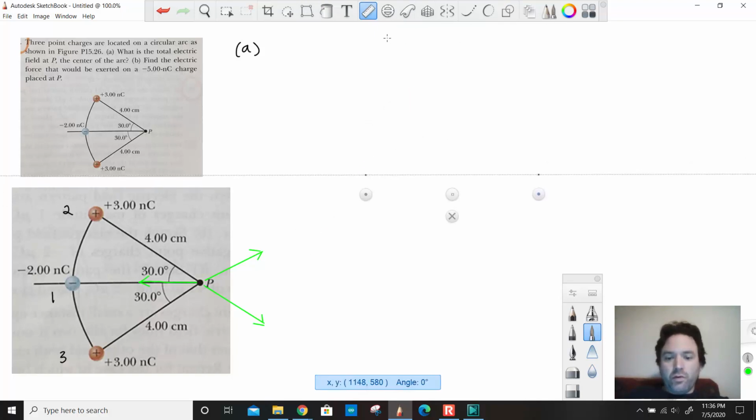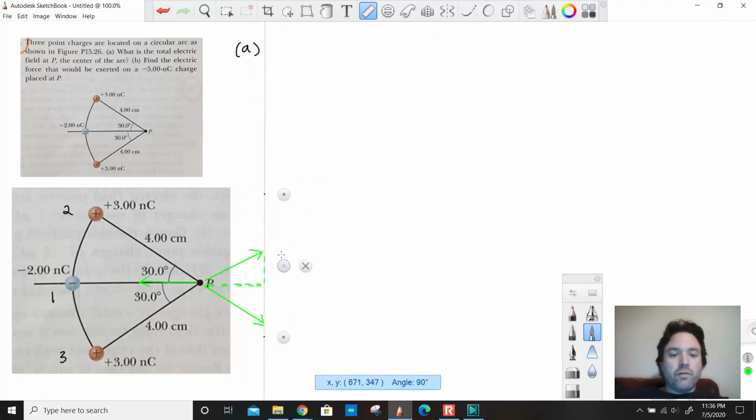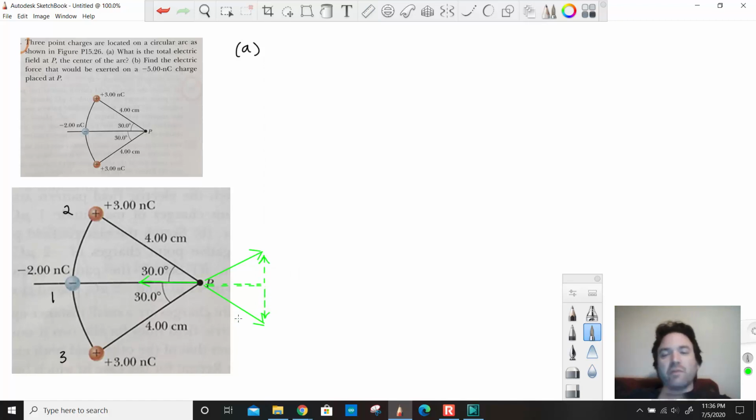So you can see there would be an x component to the bottom field as well as an x component to the top field. And there will also be y components to each of these. But the upward y component of one field is equivalent and opposite in direction to the lower component of the lower field. So these two are going to cancel each other out.